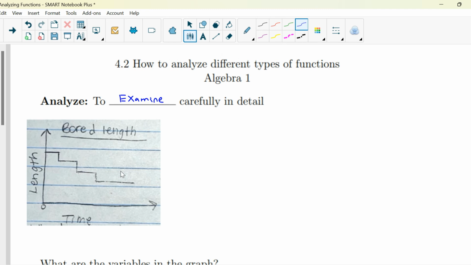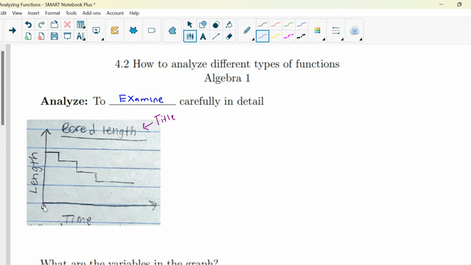The one example that we are going to go over together is this board length example. As you can tell, this looks a little different than our typical XY graph that we've been studying so far. This top component that says board length is just the title.